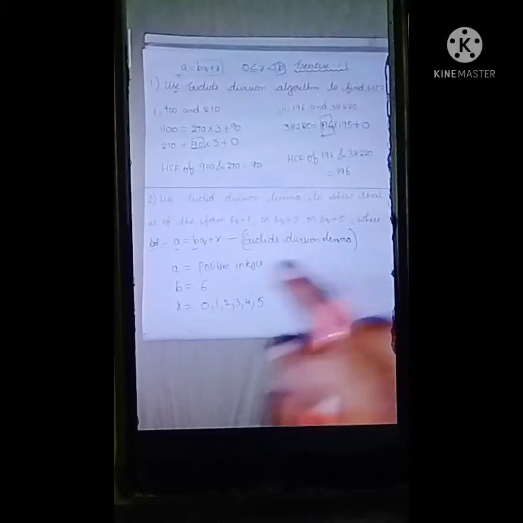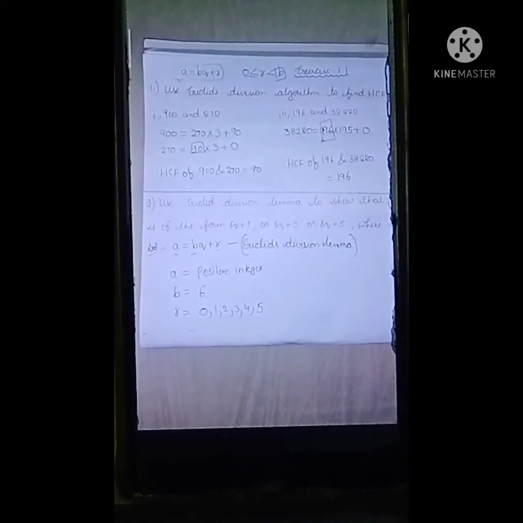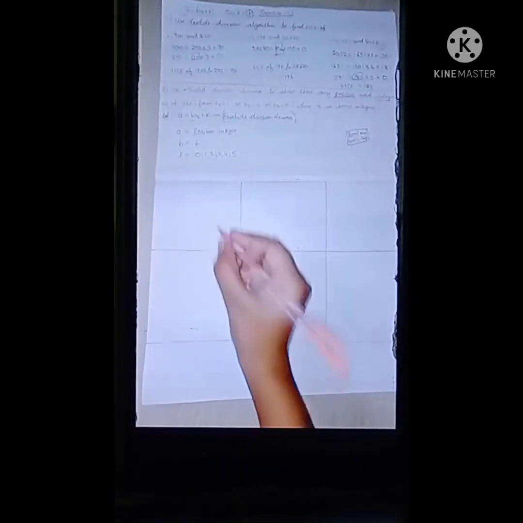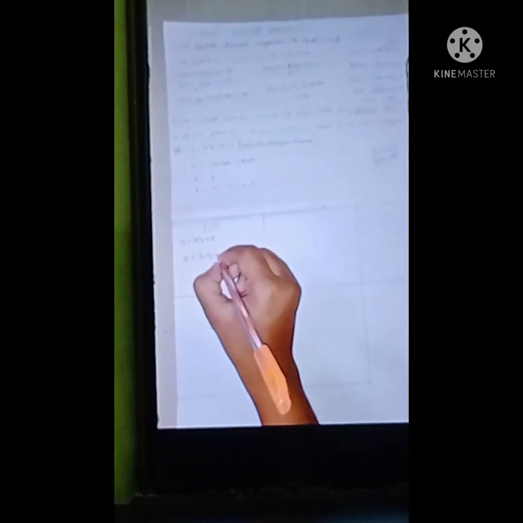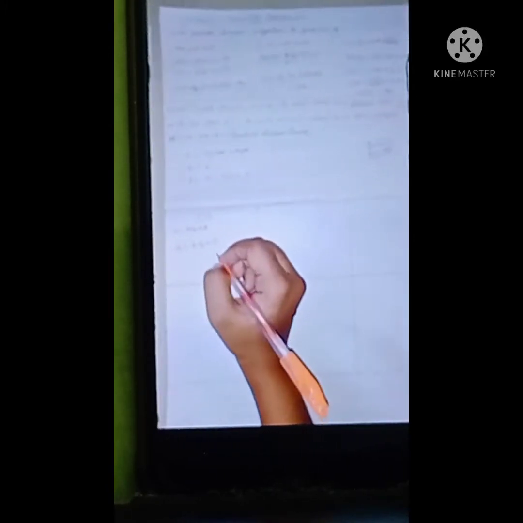Now let's substitute these values in some equations. First I am taking R equal to 0. A is equal to BQ plus R, where A is some positive integer. A is equal to 6, Q is some Q and R is equal to 0.